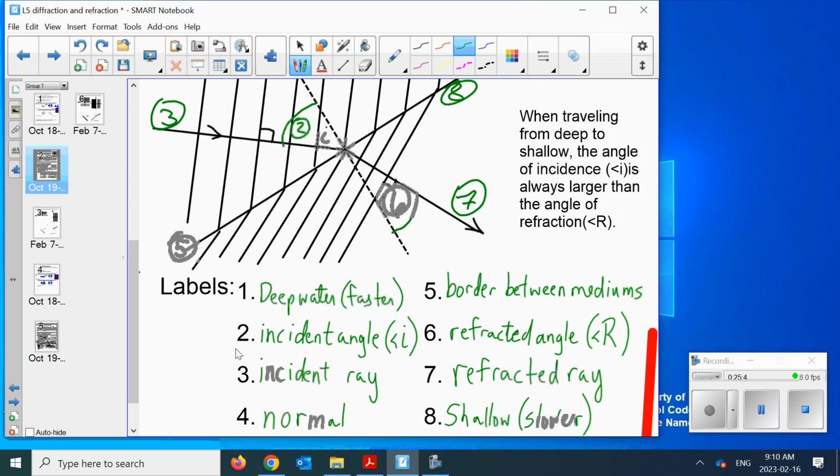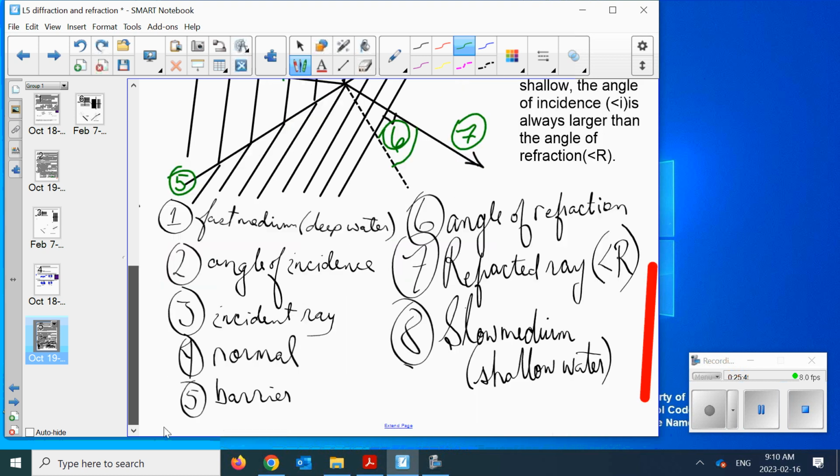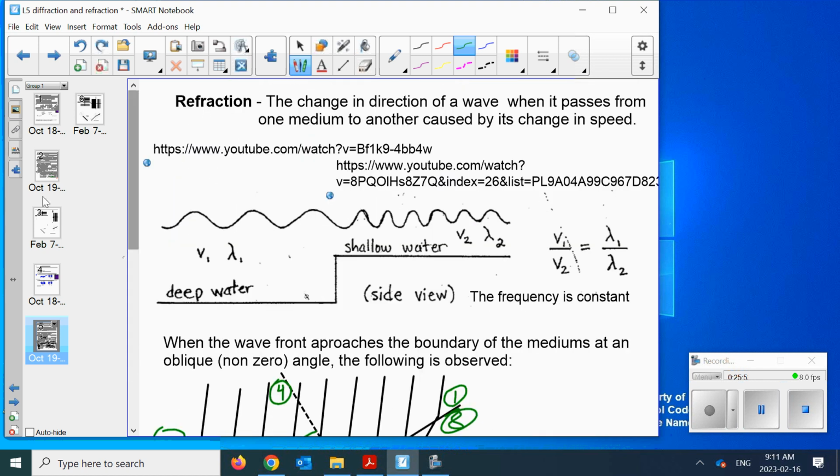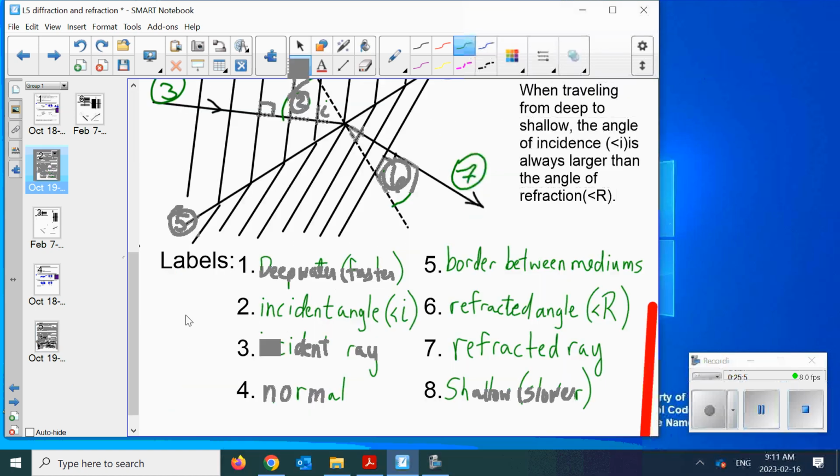Did I use barrier the last time? Yeah, I said barrier the last time. You're right. You came up with the same word. Border, barrier, means the same thing. I'll just put barrier.